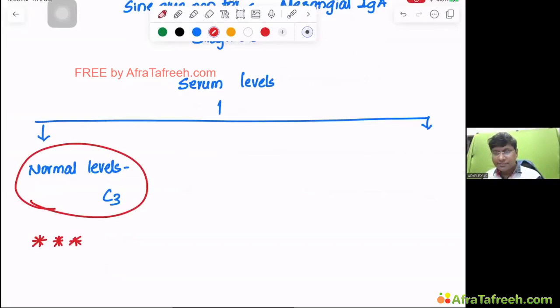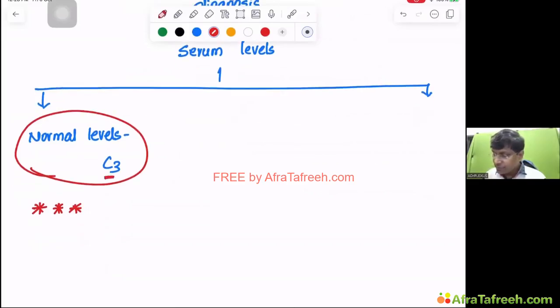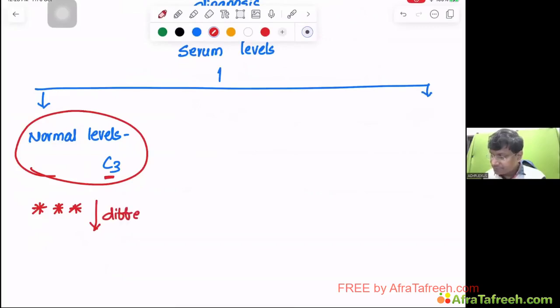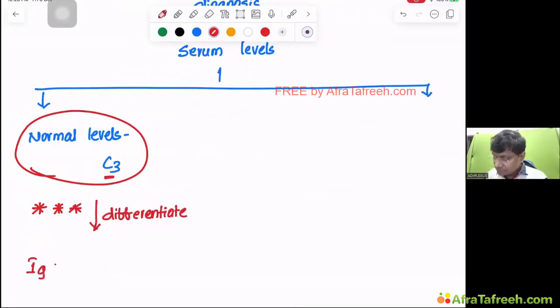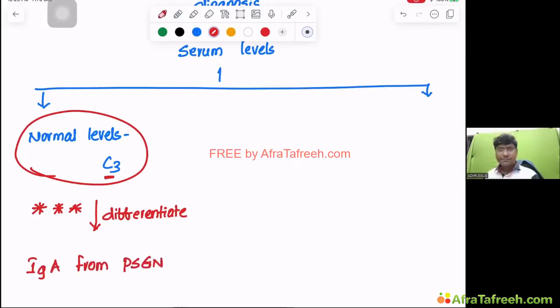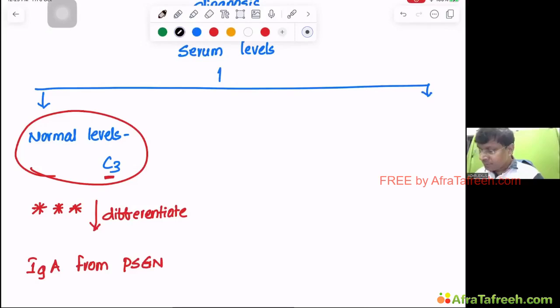In PSGN, the serum C3 levels are low. So this point of normal serum C3 levels will differentiate IgA nephropathy from post-streptococcal glomerulonephritis. That is about the C3 levels.